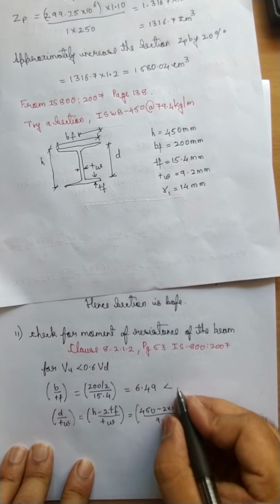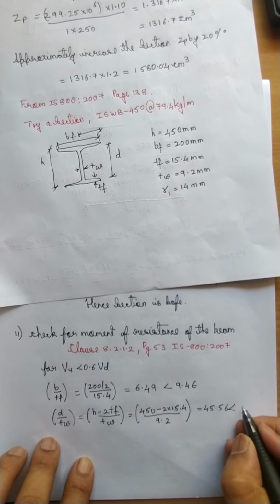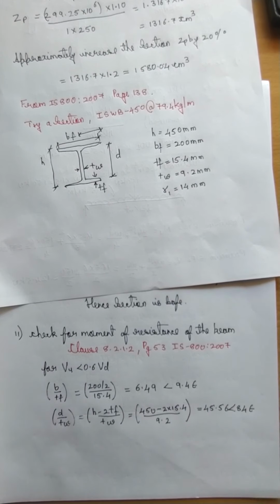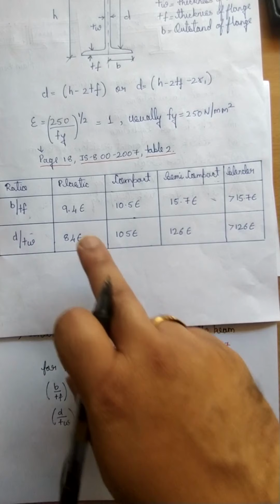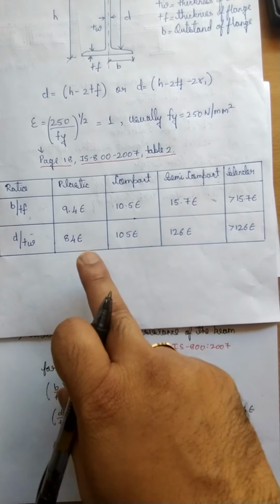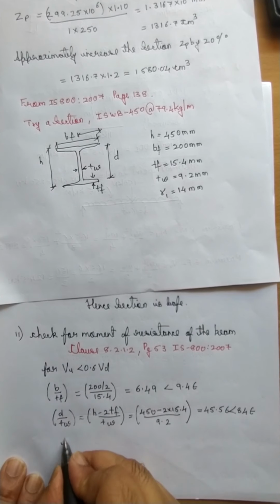So this is less than 9.4 epsilon and this is less than 84 epsilon. If you see the table, we can see our values are 6.49, which is less than 9.4 epsilon, and this is 45.56, which is less than 84 epsilon. So the section is plastic. Whatever we had assumed earlier, the section is plastic.